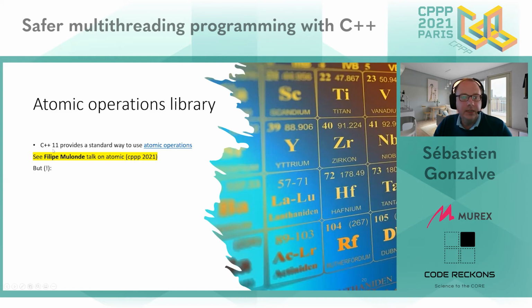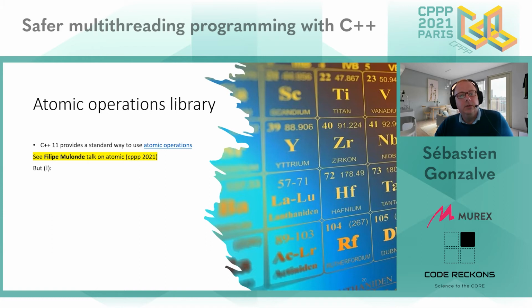So C++11 provides atomics. That's new. Formerly, you didn't have such things. You maybe needed to write assembly code to perform such operations. Now it's in the standard, so this is a nice thing.